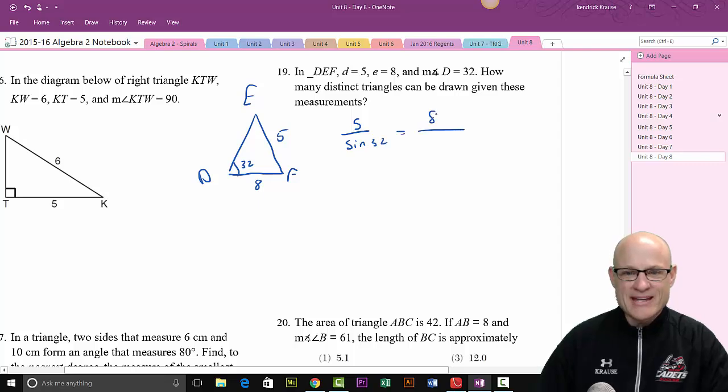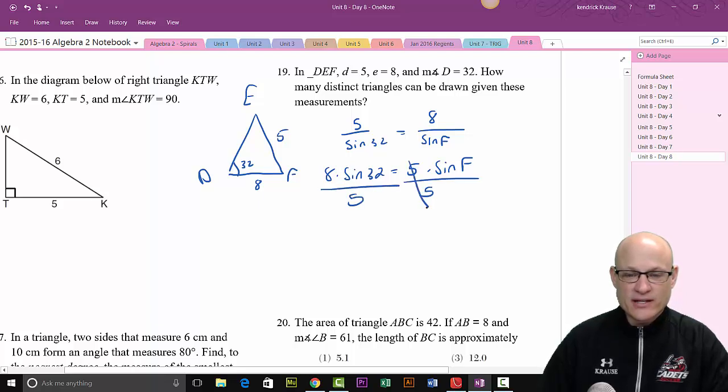the sine of f. 8 times the sine of 32, cross multiplying, is equal to 5 times the sine of f. Divide by 5, divide by 5. These cancel. So what I end up with is the sine of f equals 8 times the sine of 32 all over 5.